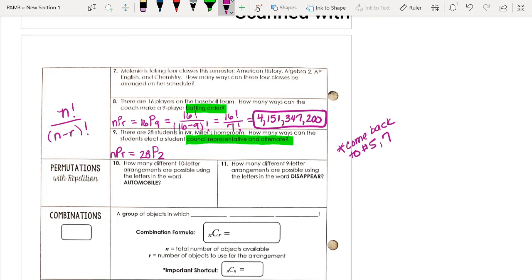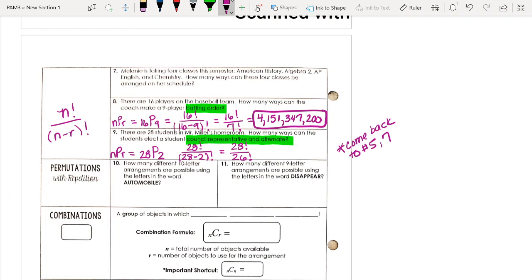So using our formula, we get 28 factorial over 28 minus 2 factorial, which simplifies into 28 factorial over 26 factorial. Now, I'm going to do this one a different way from before.